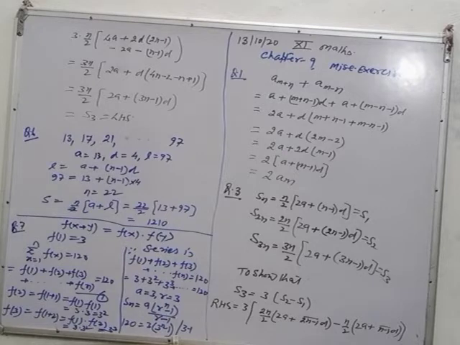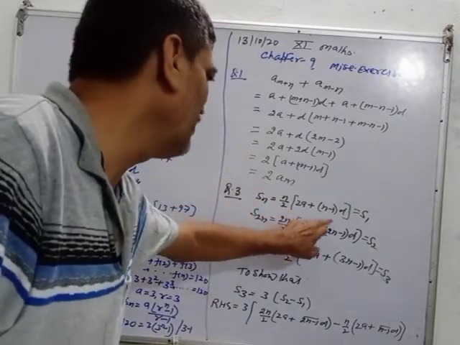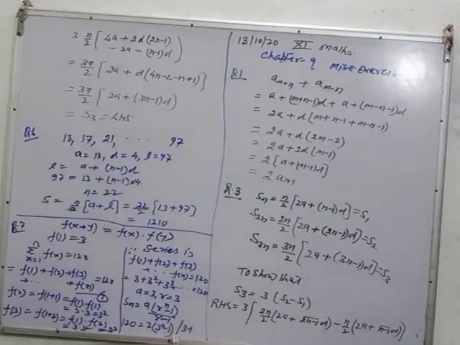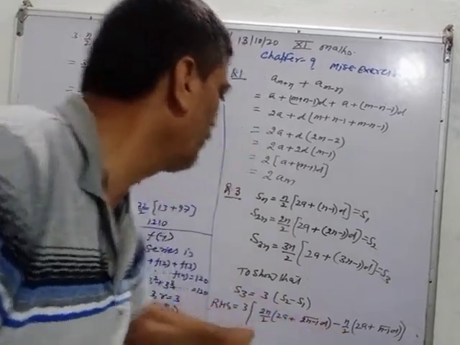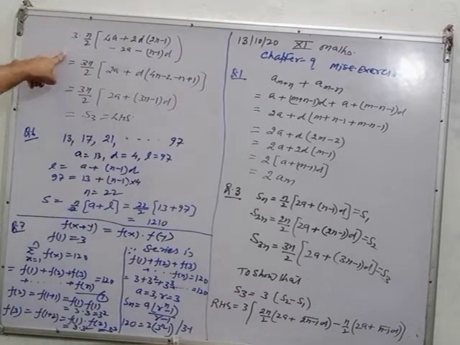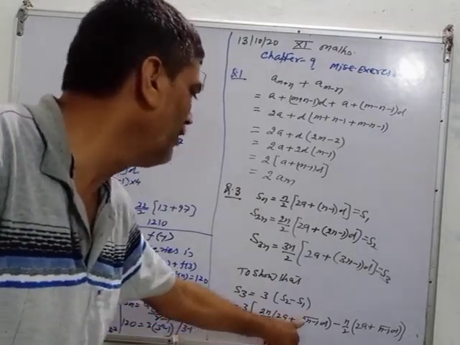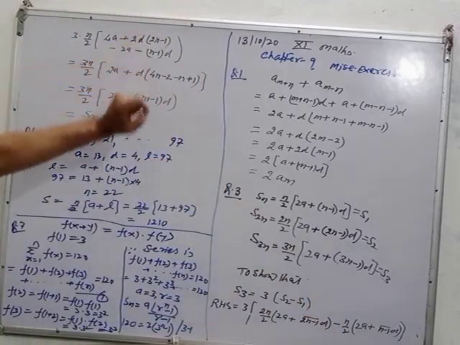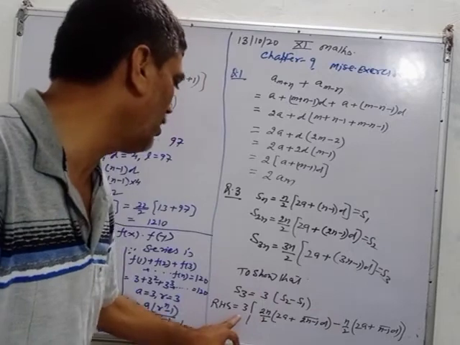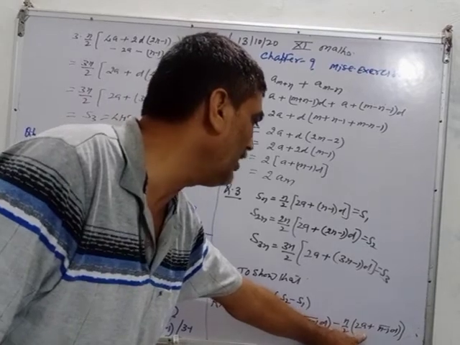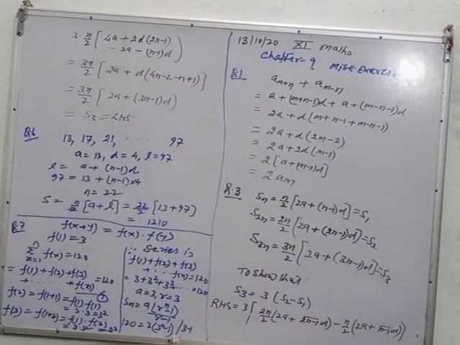So solving the right side, 3 times S2 and subtracting S1. So 3 times this is S2 and this is S1. Subtracting them, you can take n by 2 common from both. Within the bracket you will have 2 times 2, that is 4a, plus 2 times 2n minus 1 into d, minus, since n by 2 is a common factor, 2a and n minus 1 into d, with the sign changed because of the minus.